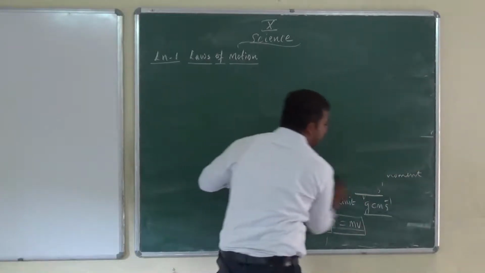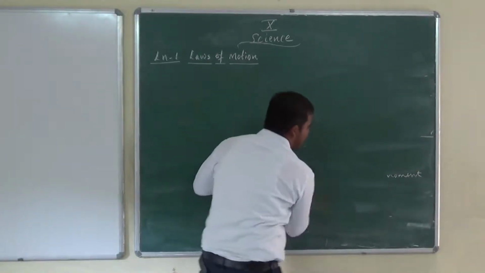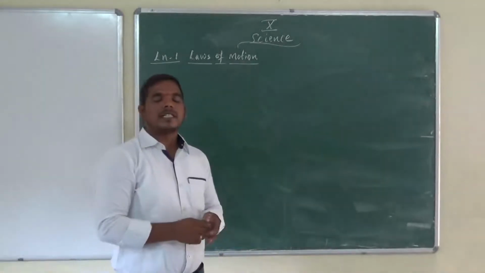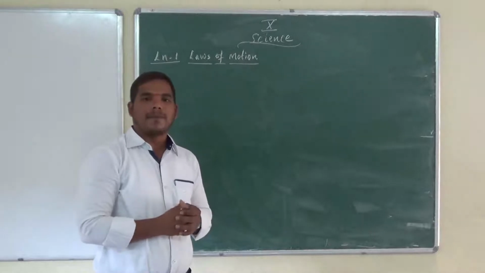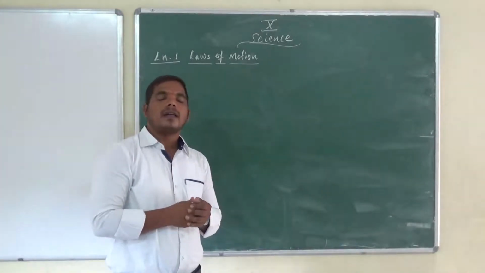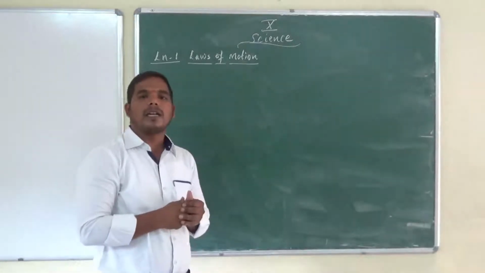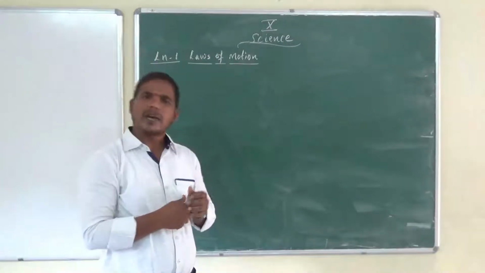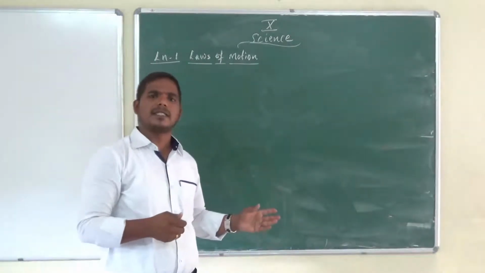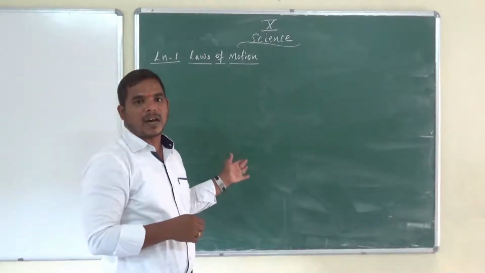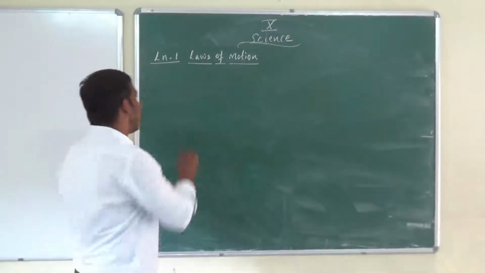The inability of the body to change its state by itself, or when no force acts on the body, the position of the body does not change by itself, is called inertia. We have discussed it and the types of inertia, isn't it? Today the next topic is Newton's first law.